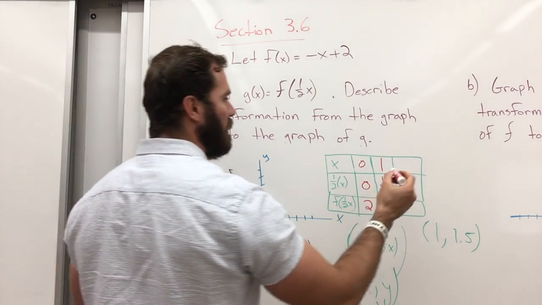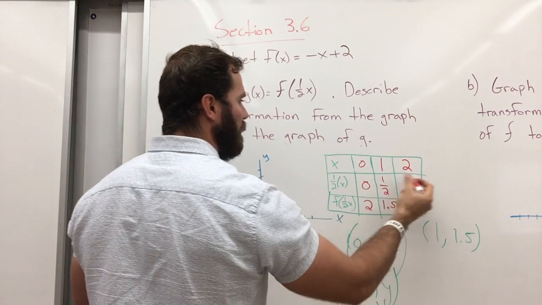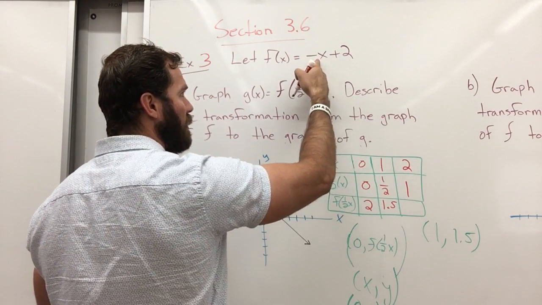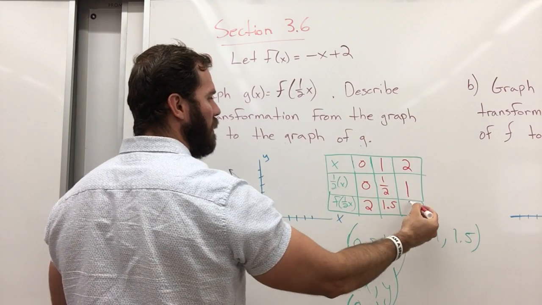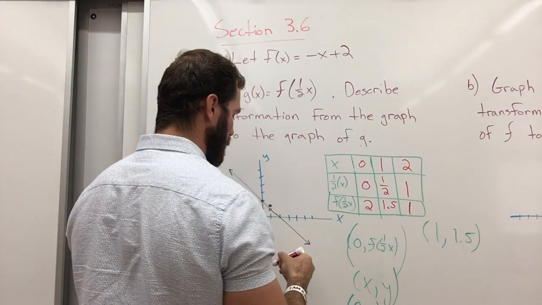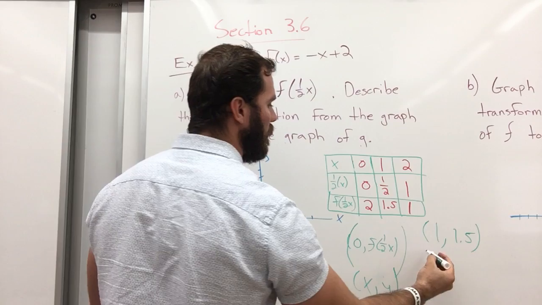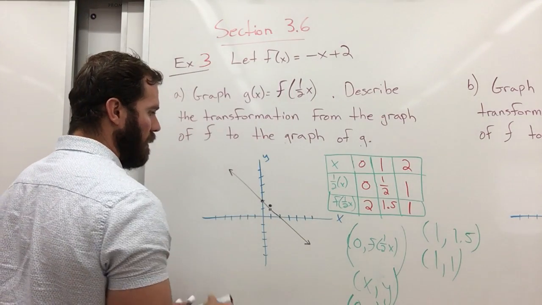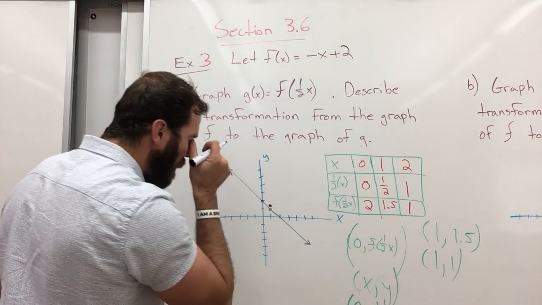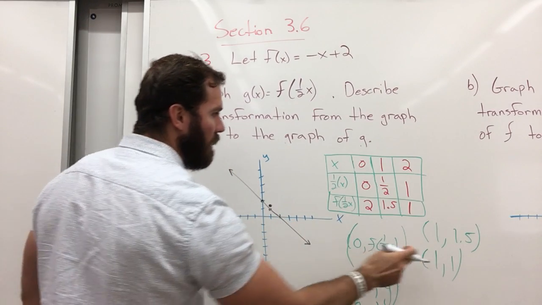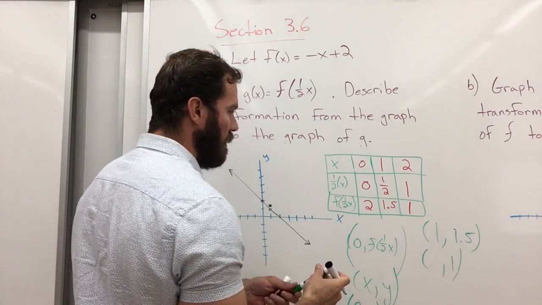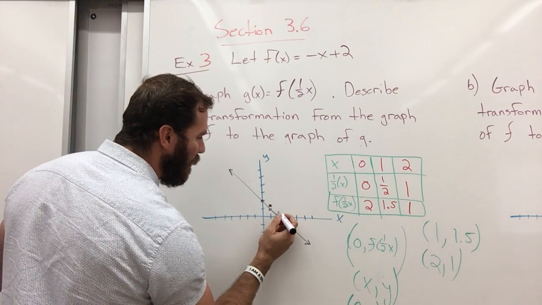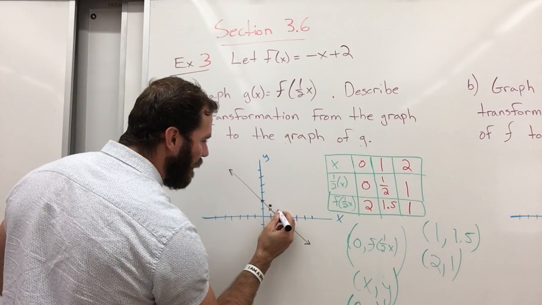Now let's try x equals 2. 1/2 of 2 is 1. Plug in 1 to our parent function. -1 plus 2 is going to be positive 1. Not 1, 2, I'm sorry. 2 comma 1, right there.